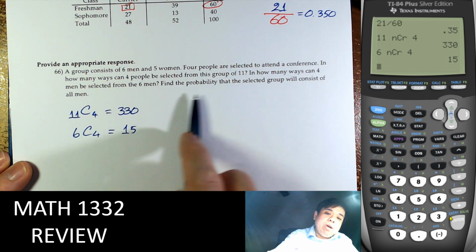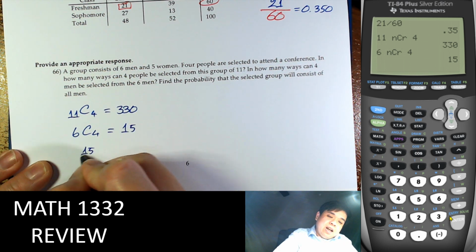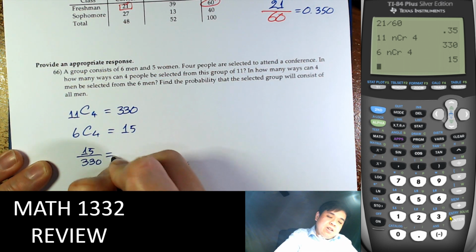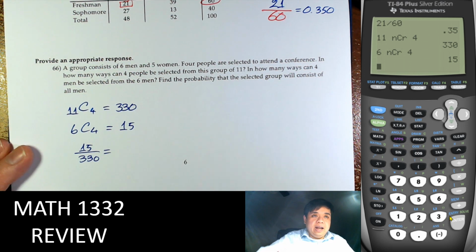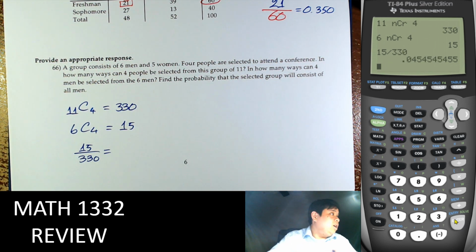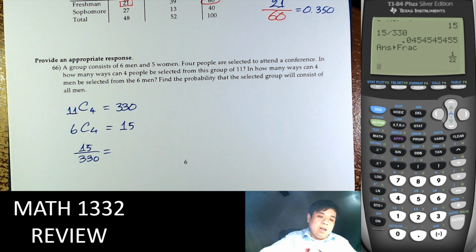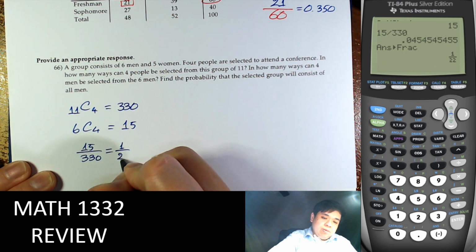Now find the probability that the selected group will consist of all men. So we have 15 out of 330. If we want a fraction, it's 1/22.